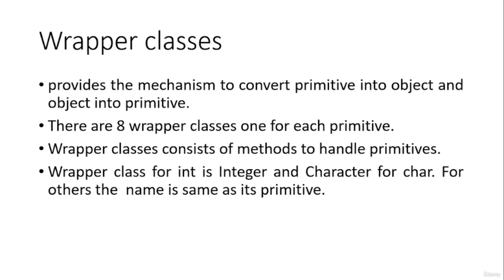One more thing about wrapper classes is that they have methods to parse and to do string representations. There are methods to handle the particular wrappers. Each wrapper class will have its own different set of methods. We will discuss them when the practical session comes.